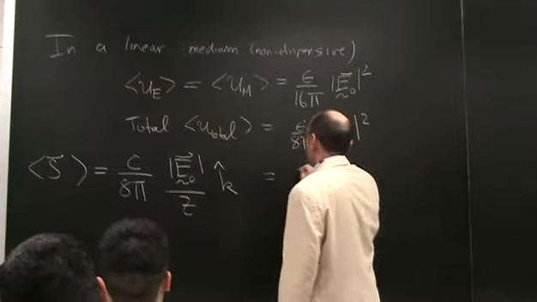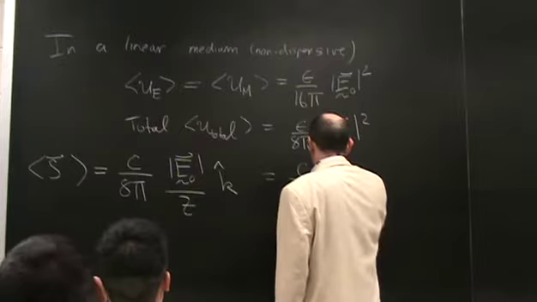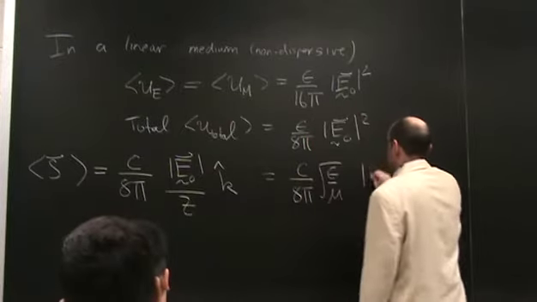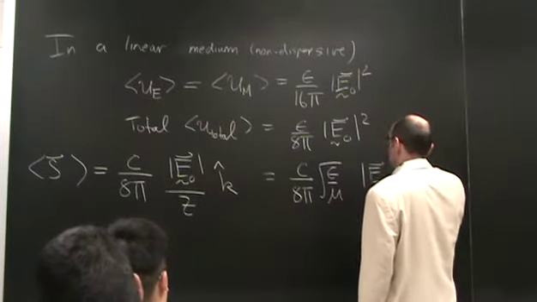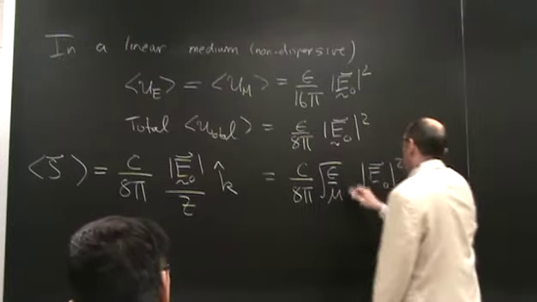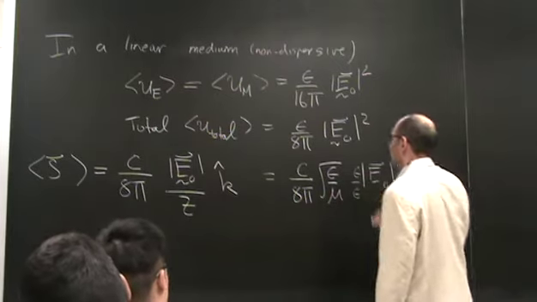And we plug in z is equal to the square root of mu over epsilon, and we multiply top and bottom by epsilon.